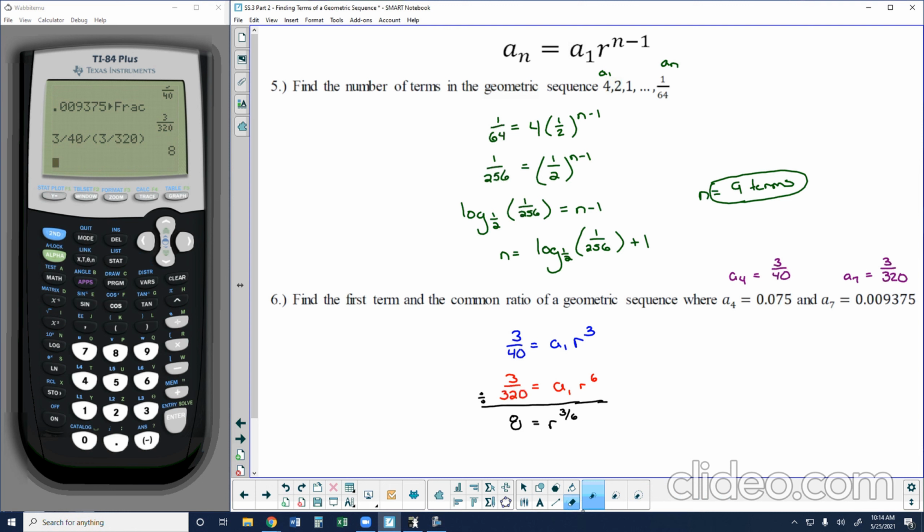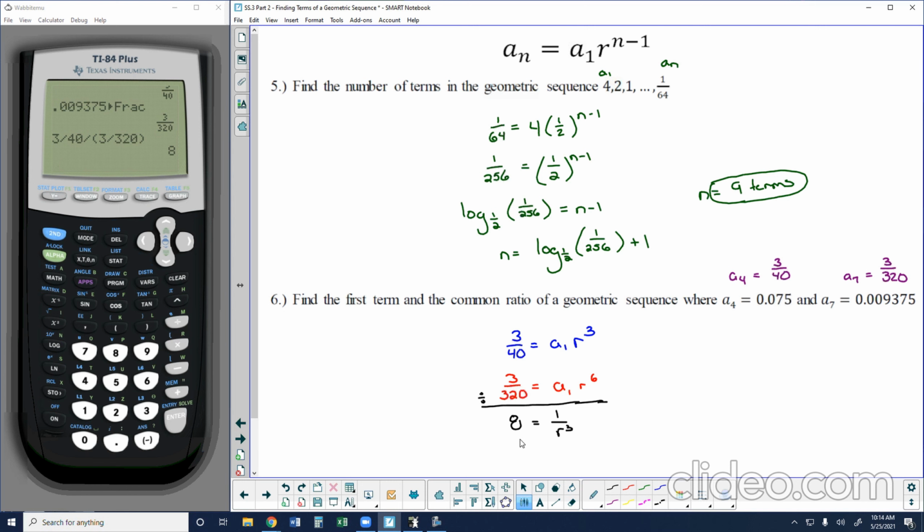Sorry, not division, but subtraction. This would be r to the negative 3 power, which is the same as 1 over r to the third. So I use my exponent rules to get r to the negative 3, which is the same again as 1 over r to the third power.